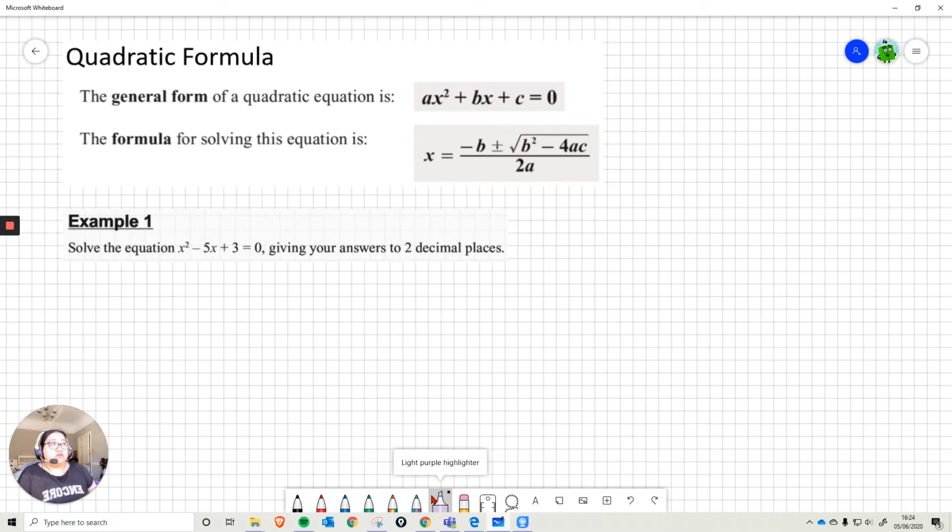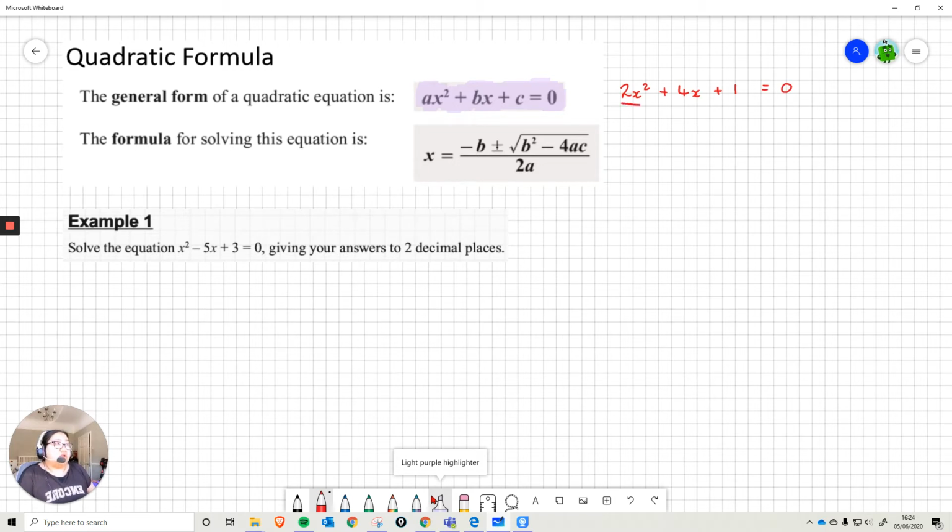So you can see on the screen here the general form of a quadratic equation, which is ax squared plus bx plus c equals 0. Now this is what all quadratic equations will generally look like. From last week we were doing equations that looked something similar to this, and you can see by comparing it to the general equation they pretty much look the same.